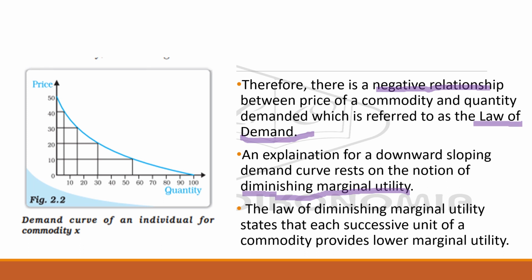So that is known as the law of diminishing marginal utility. It says that each successive unit of a commodity would provide you lower and lower marginal utility. The additional utility that you gain from the additional unit of consumption comes down. That is what we mean by the law of diminishing marginal utility.